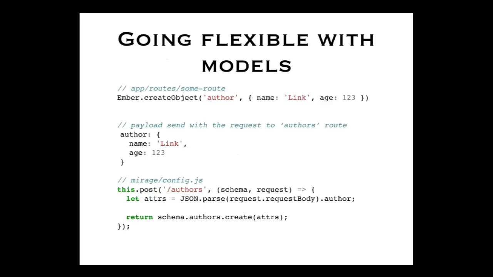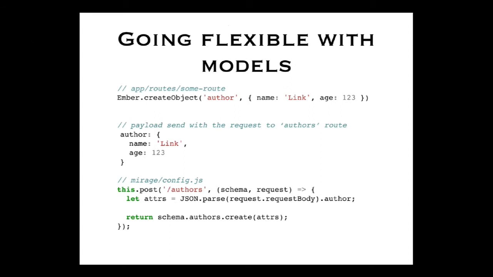I mean, you will get the authors key and an empty array of objects. If you would like to simulate creating an author with Ember, you would first have to create an object, pass the model name, pass the attributes, name and age here, and then send it as an author with name and age.